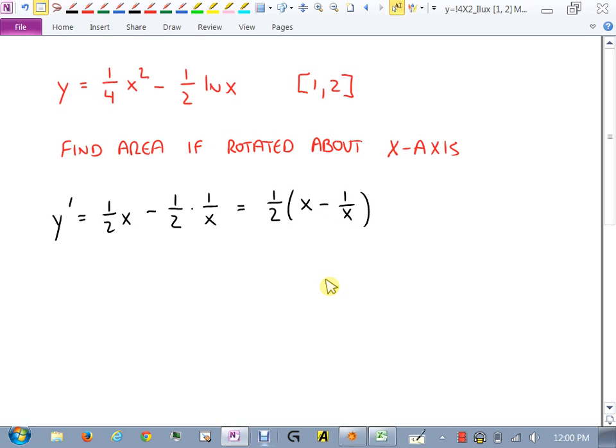Square this. You get 1/4, and then squaring this would be doing your expanding, right? Foiling out, whatever. You should get x squared minus 1, and then minus plus 1/x squared. That's what you should get when you do this times itself, right?